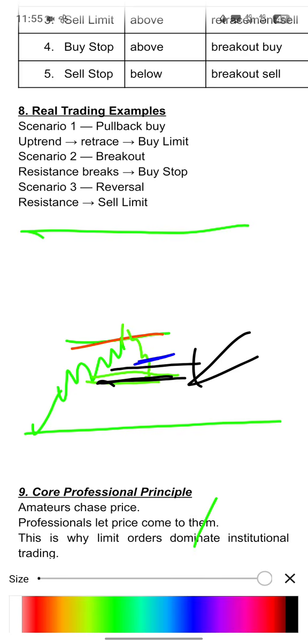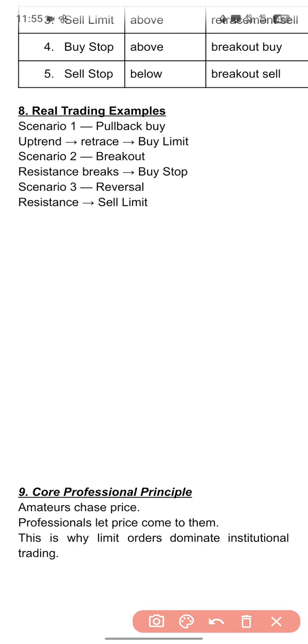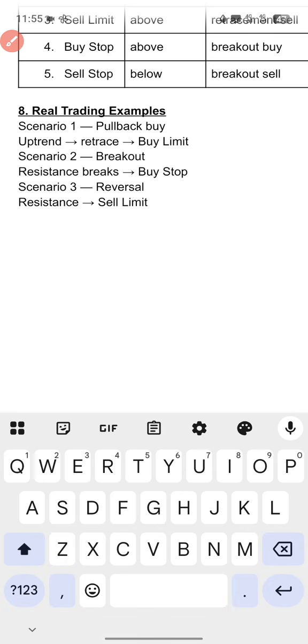When the price retraces back to that level, it will be executed, and then they will be part of the trade and continue moving. But beginner traders are always rushing to get into the trade. That is why they are always removed from the trade before it even starts moving.